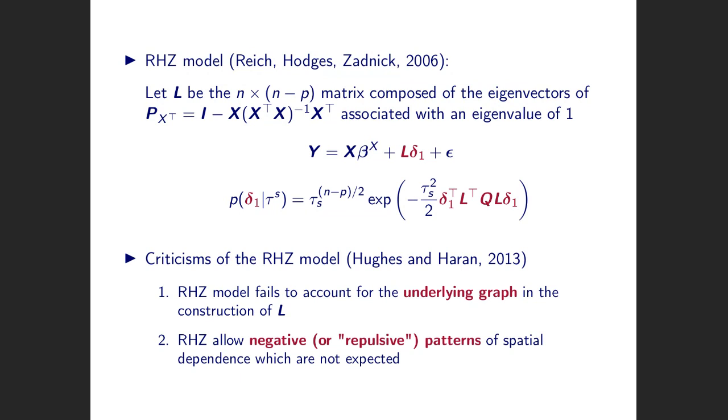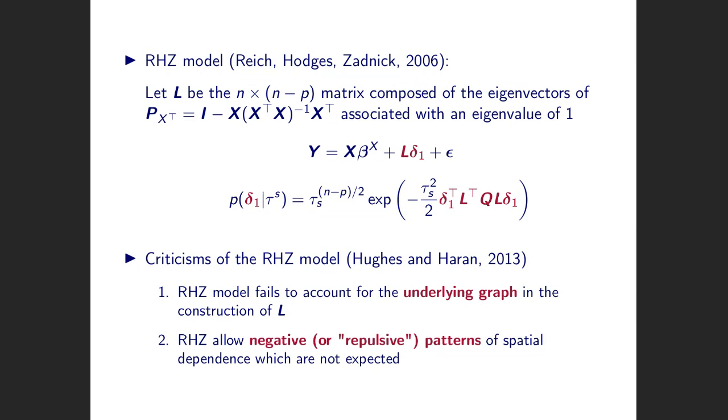The first criticism is that they suggested that the RHZ model, the Reich, Hodges, and Zadnik model here, failed to account for the underlying graph in the construction of L. So this basis L really only depends on X. There's nothing about the spatial basis that is in this component L.